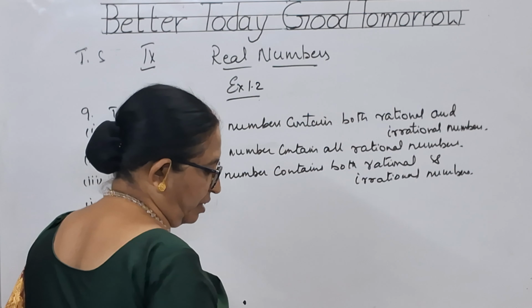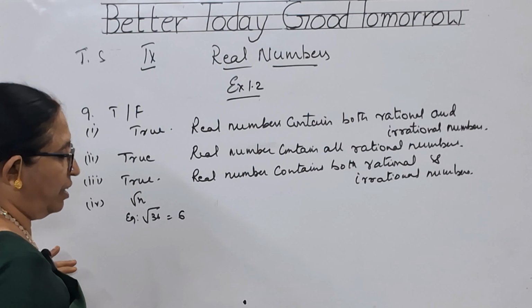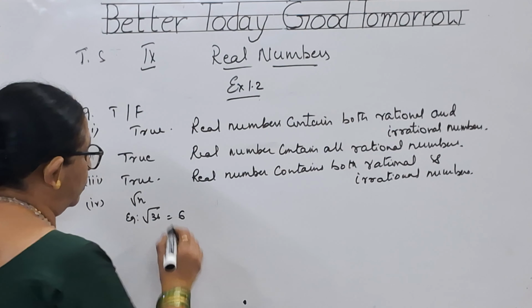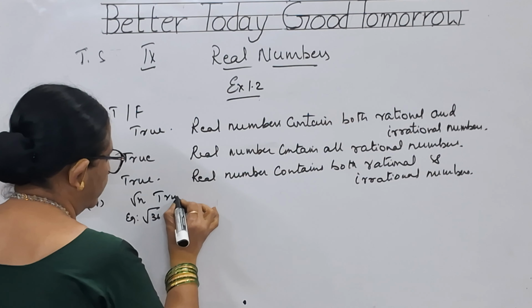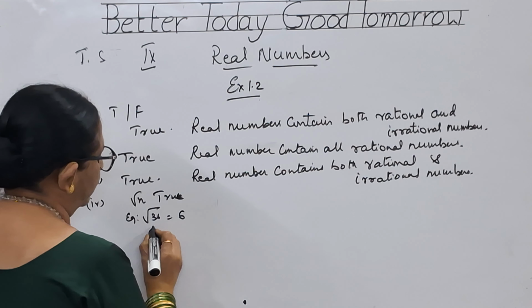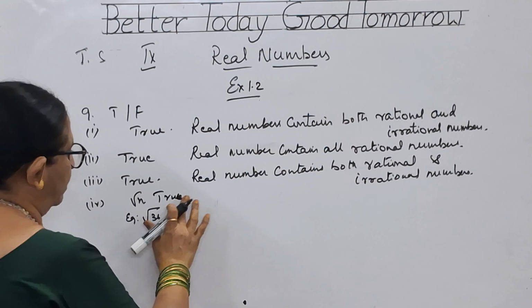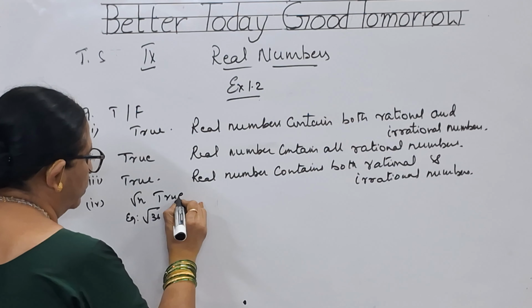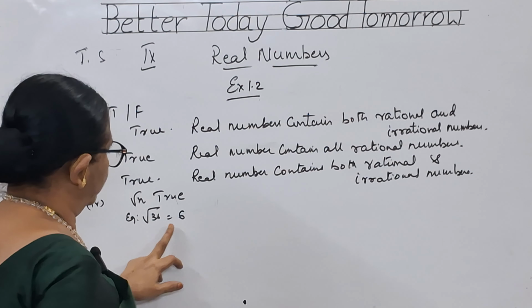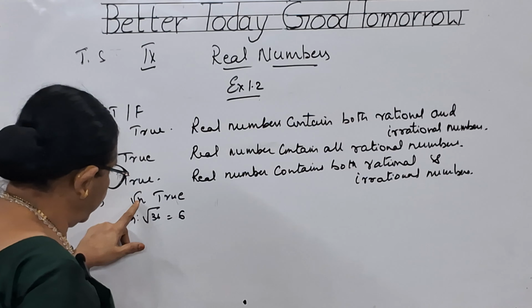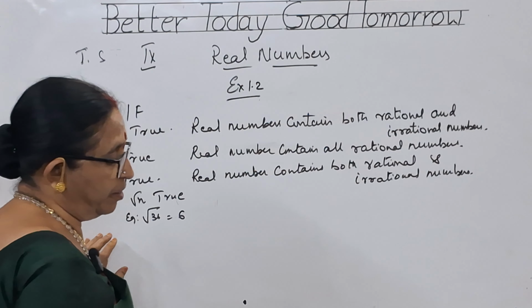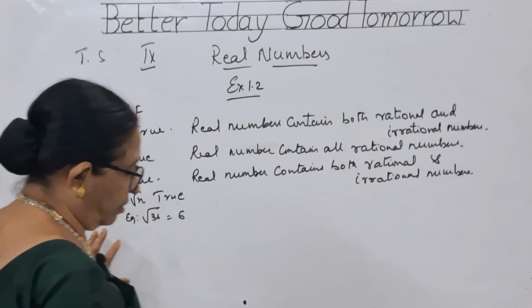So what is he saying? Root n is not irrational. It is true. You can write this example. The reason is root 36 is equal to 6. If n is a perfect square, you will be getting a rational number, but not an irrational number.